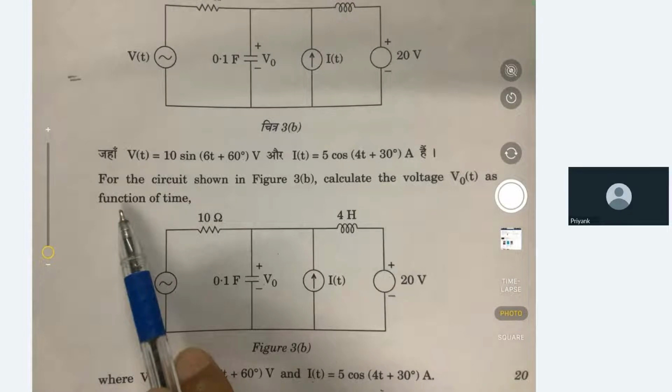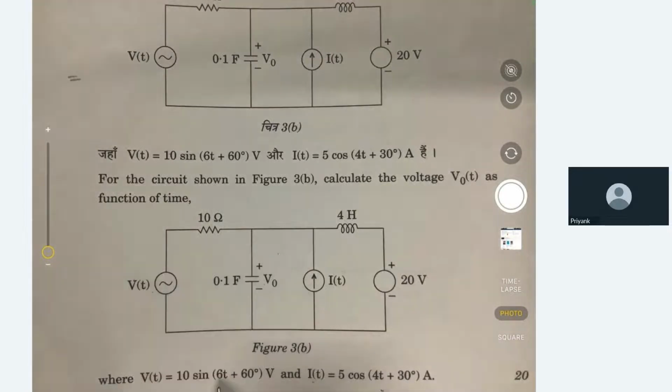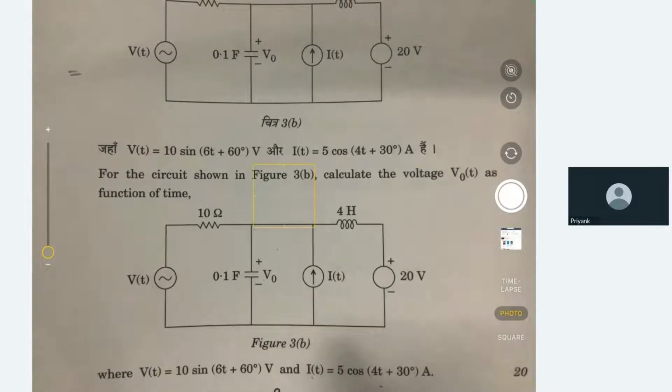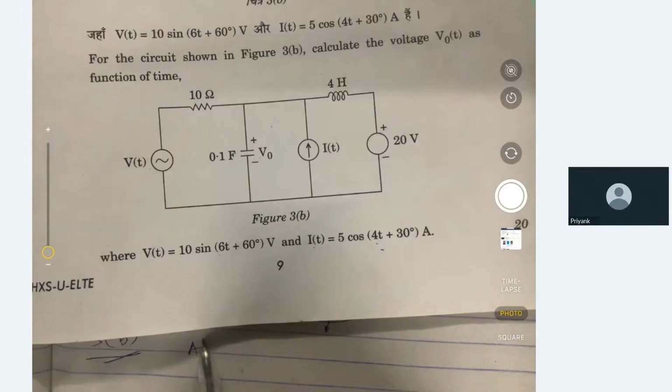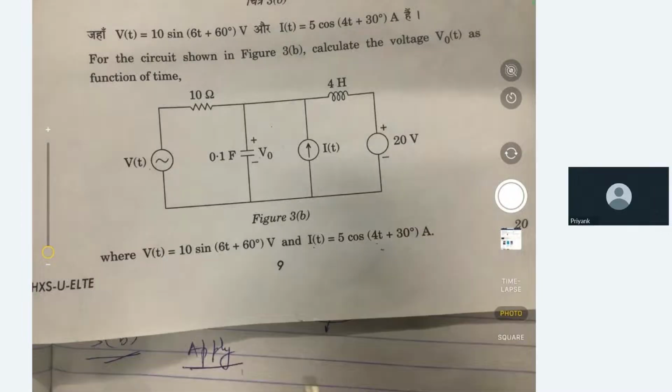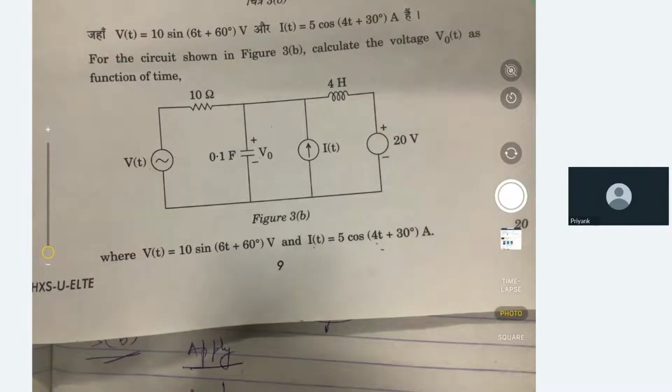The frequencies are different, 6 and 4. So we will require two circuits. Let us first apply VT. In that case, we require removing the IT. We will write it in the form of phasors.